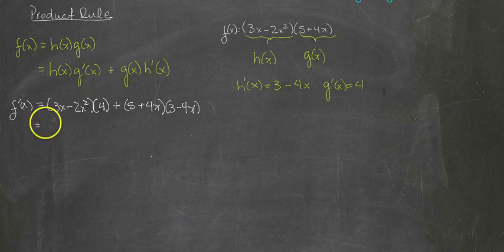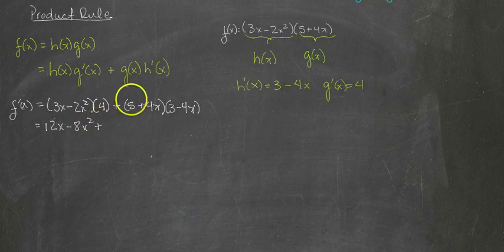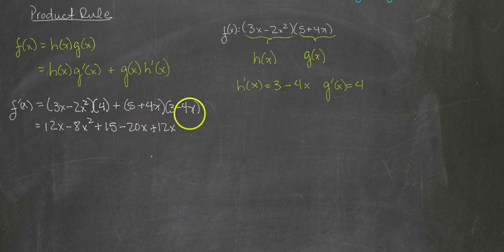3 times 4 is 12x. 4 times negative 2 is negative 8x squared, plus 5 times 3 is 15. 5 times negative 4, negative 20x. 4 times 3 plus 12x minus 4x would be 16x squared.